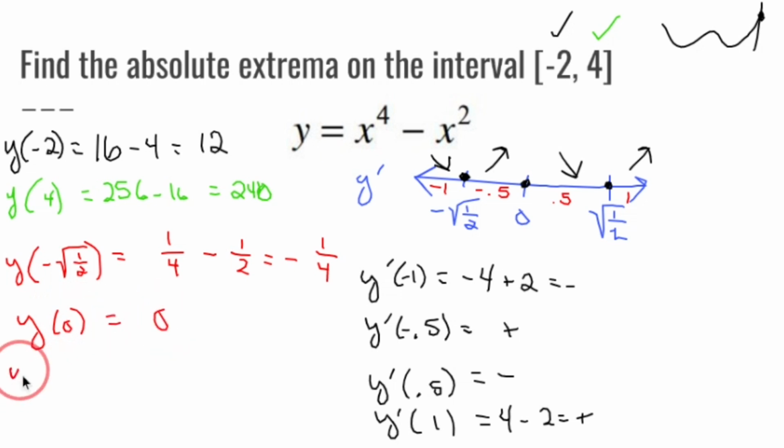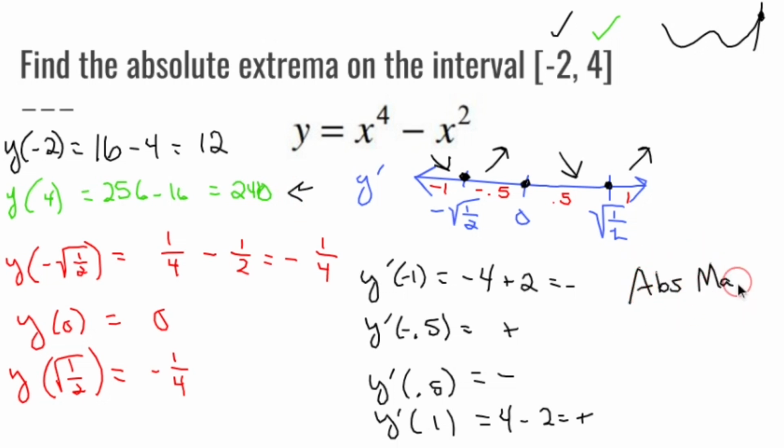And if I plug in positive square root of 1/2, it's going to give the same thing as that. So this is fun. I have an absolute maximum for sure, and my absolute maximum is the point 4, 240, and I have 2 absolute minimums.